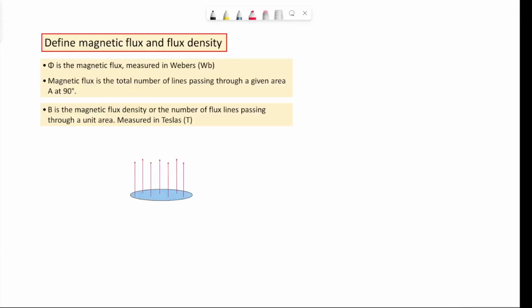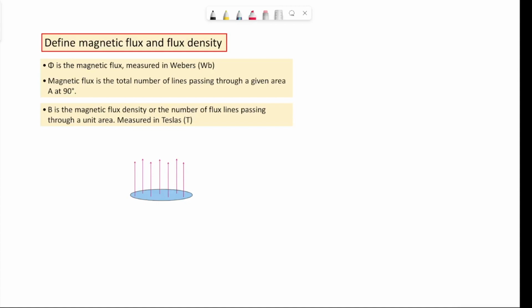First, let us see how we are going to define magnetic flux and magnetic flux density. We use the letter phi to define magnetic flux, and magnetic flux is measured in Webers. The symbol is Wb. Magnetic flux is the total number of lines of flux passing through a given area at 90 degrees.